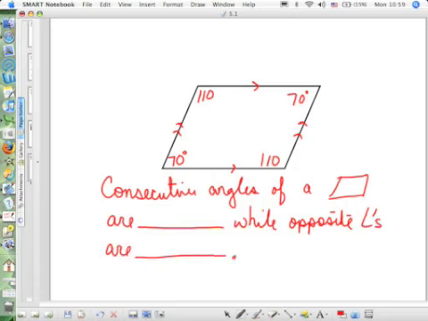Don't shout them out. Consecutive angles in a parallelogram are what? Raise your hand. Supplementary. Consecutive means one right after the other. While opposite angles in a parallelogram are what? Jacob. Congruent.